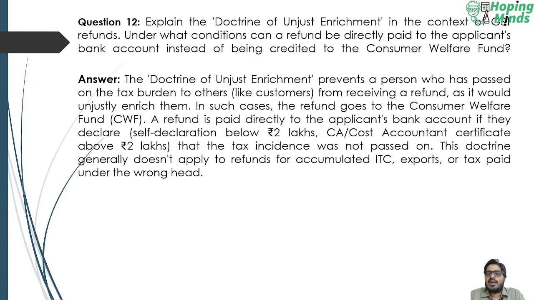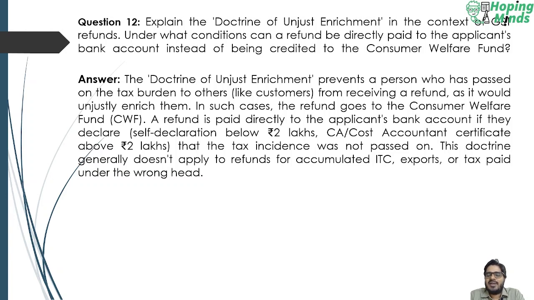A refund is paid directly to the applicant's bank account if they furnish a self-declaration when the refund application is below rupees 2 lakh, or a CA or cost accountant certificate in case the refund application is for more than 2 lakh, that the tax incidence was not passed on.